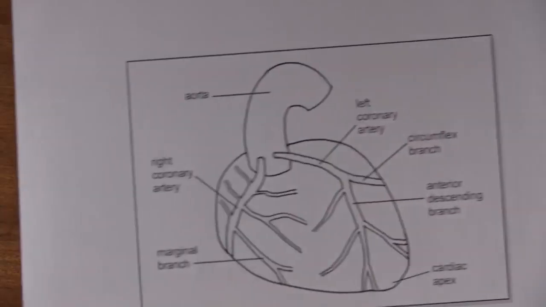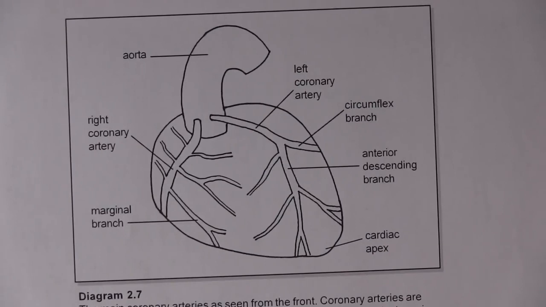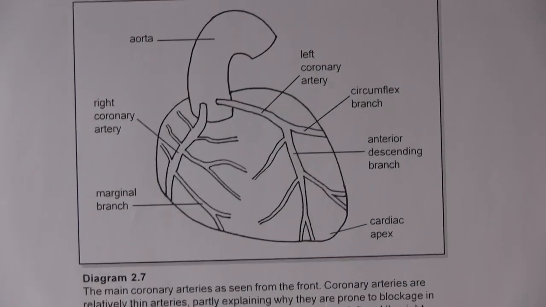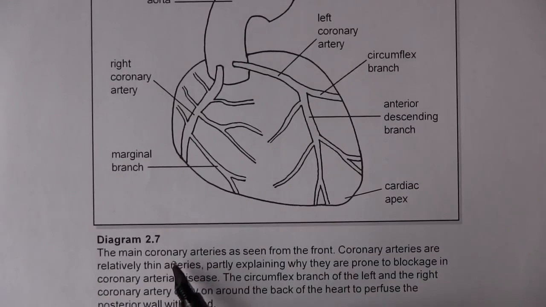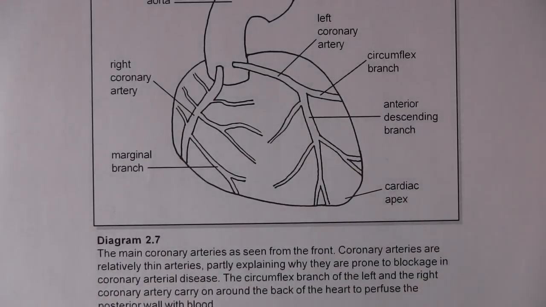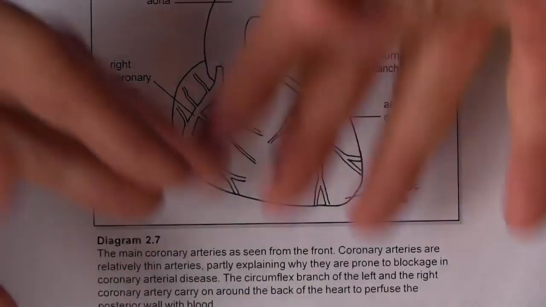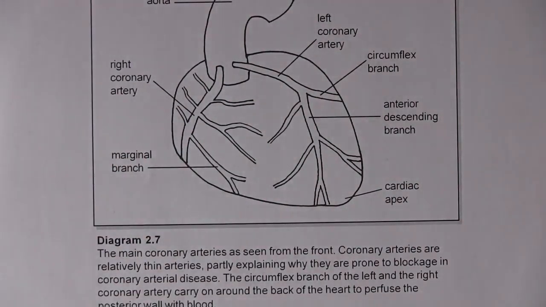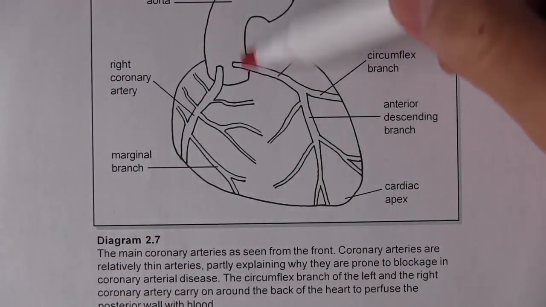And what happens is that blood supply comes via 2 main arteries called the coronary arteries. So these are the coronary arteries here. Coronary means they look like a crown, an upside down crown of arteries. And this vessel here is the aorta.